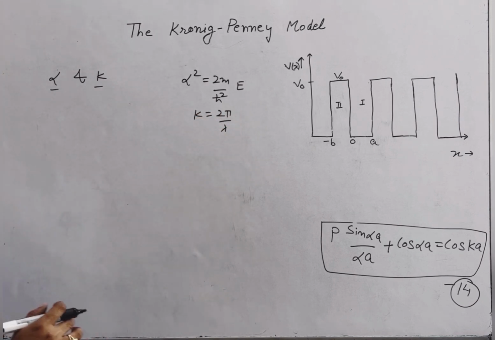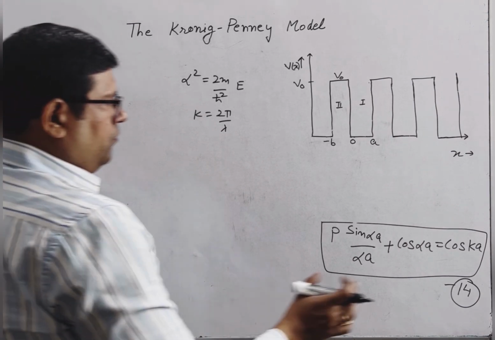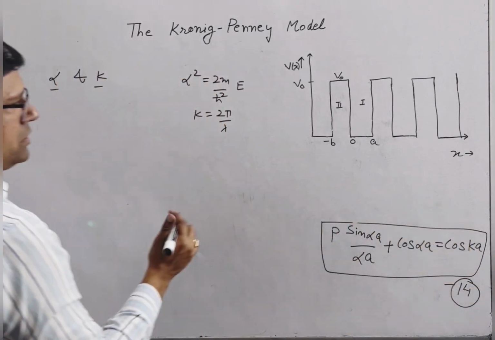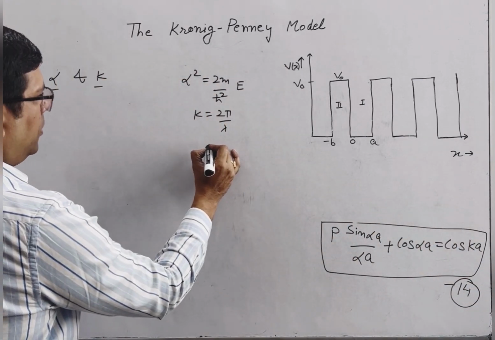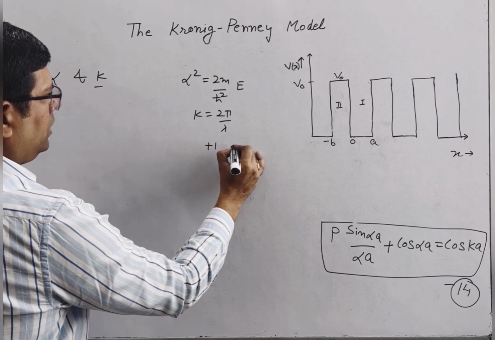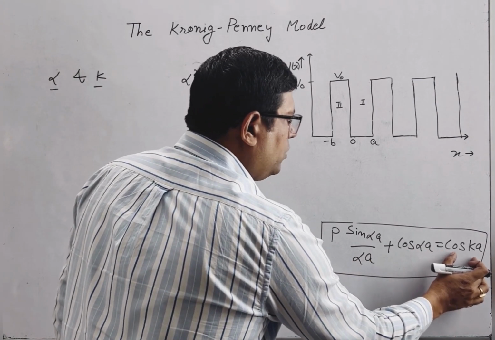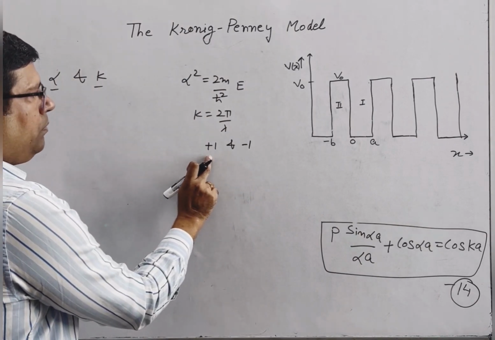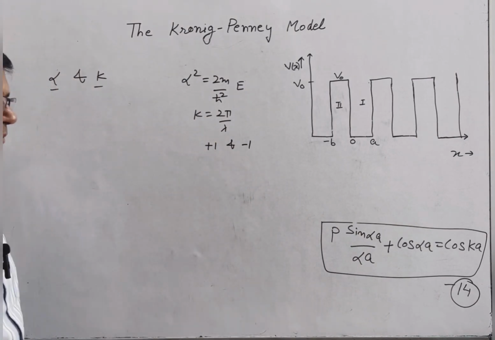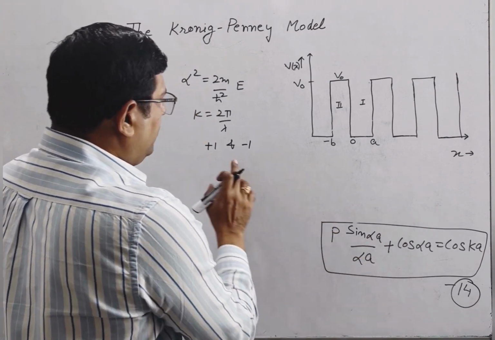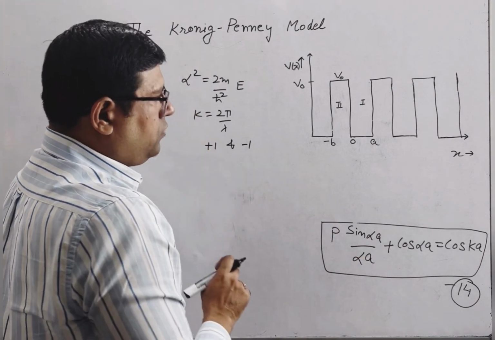This is the propagation constant. Now you can see the right hand side term is bounded between +1 and -1. Right hand side can take only the values between plus and minus 1. So left hand side should also take the values between +1 and -1.